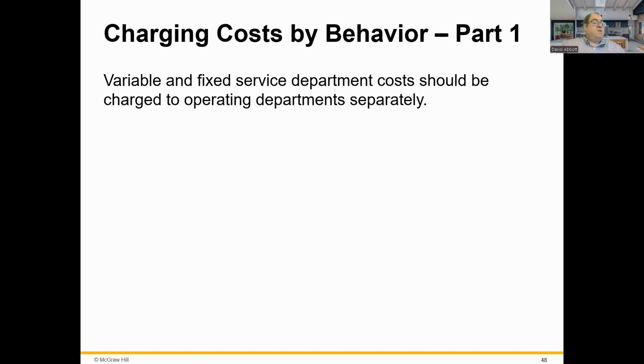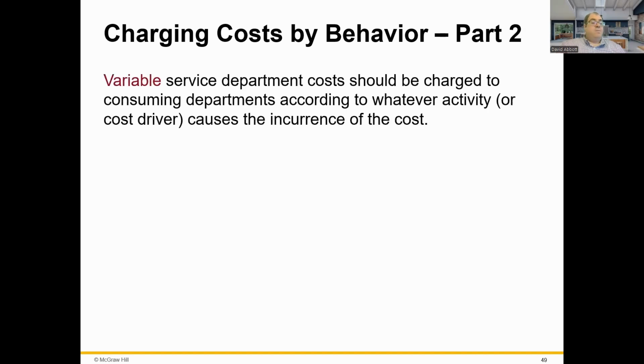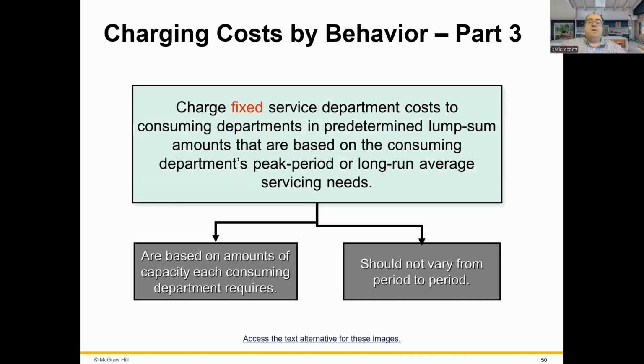And so, charging costs by behavior. Whenever possible, variable and fixed service department costs should be charged separately to provide more useful data for planning and control of departmental operations. So a variable cost should be charged to consuming departments according to whatever activity causes the incurrence of the cost.